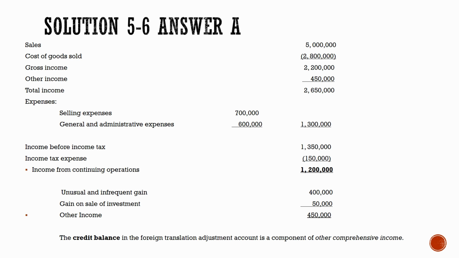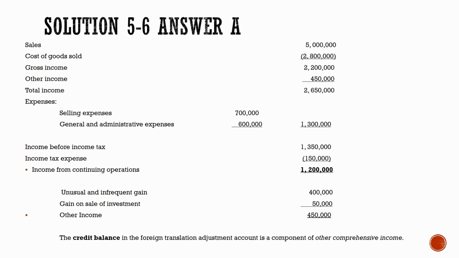After that, i-deduct natin yung mga expenses na makikita natin sa given. Based sa given, merong selling expenses na 700,000 at general and administrative expenses na 600,000. So, ang total amount ng ating expenses ay 1,300,000.